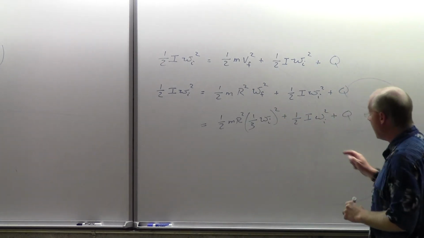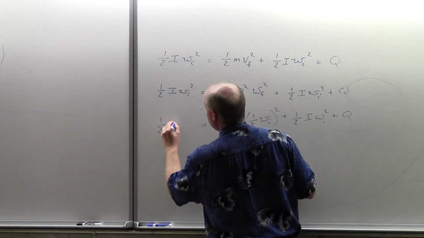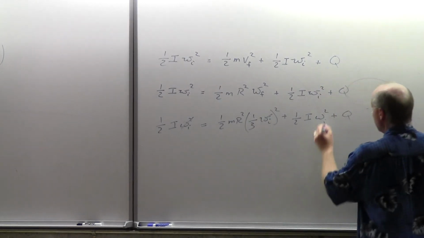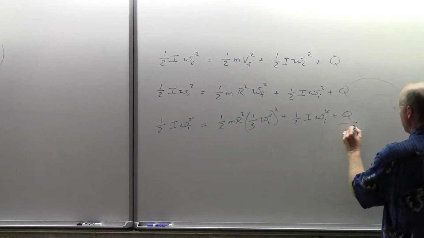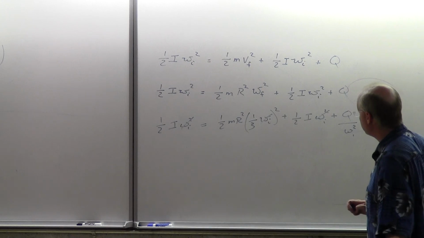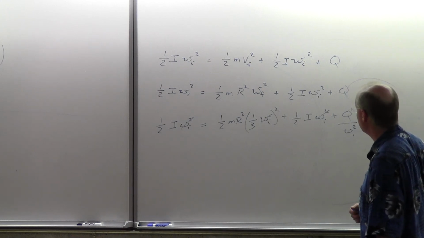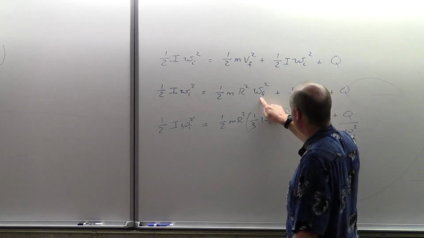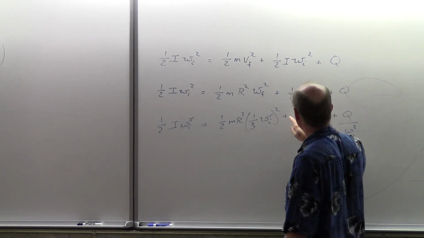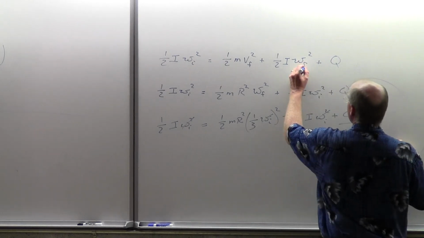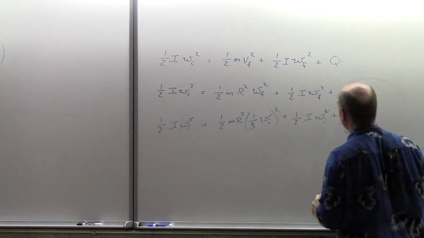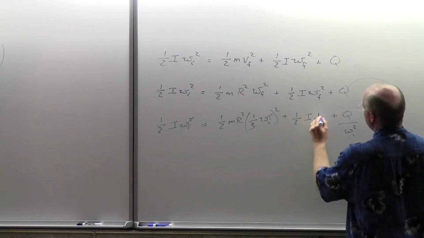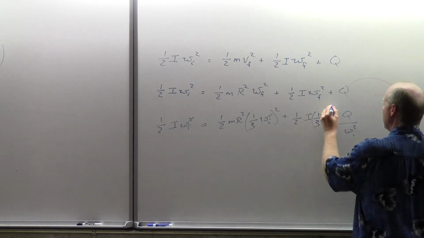And I'm going to be out of time, but you can see there is an initial speed squared. Which means then this can be written as 1/3 initial speed squared.